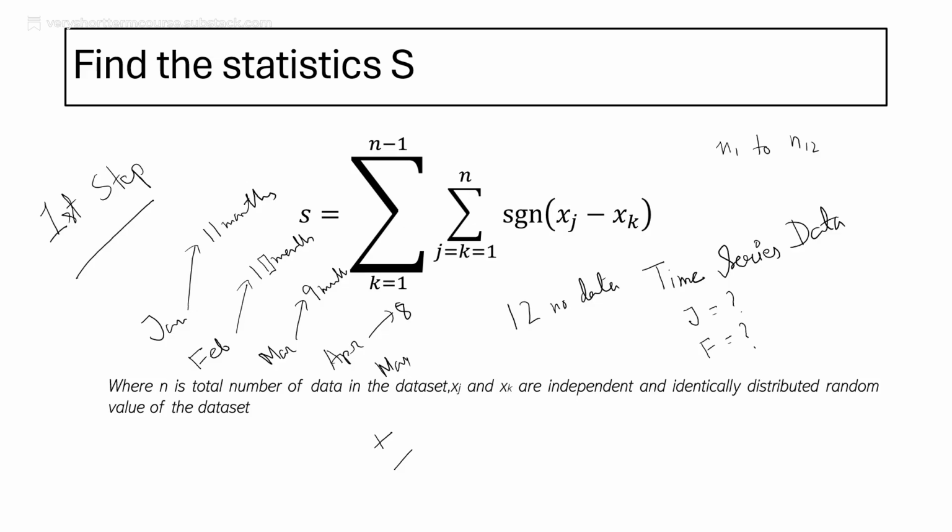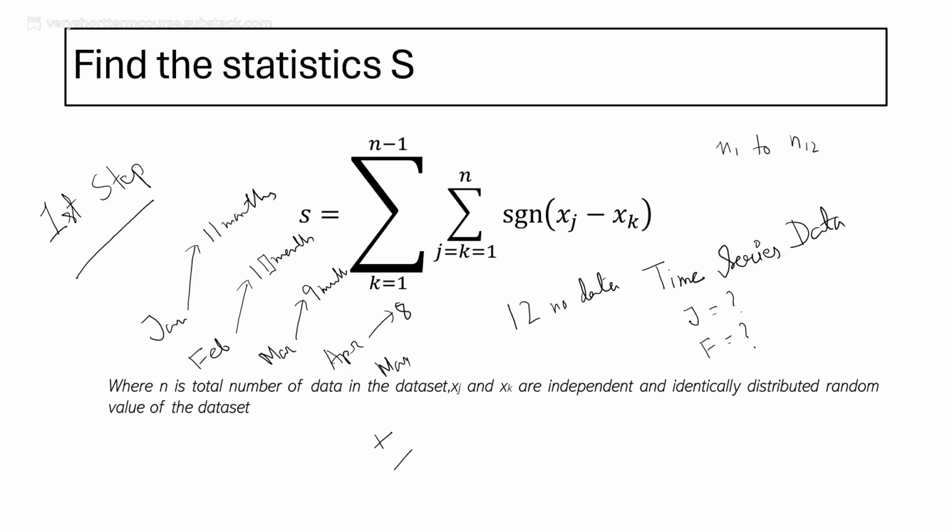Okay. If the data is greater than your data, meaning the current month data or the month you are comparing with the other months, then plus for greater data, minus for less data. Suppose you are comparing the data of January with the other 11 months, then if January data is less than any of the other months' data, you will assign a minus. If greater, then you will assign a plus. If both are equal, then you will assign 0.